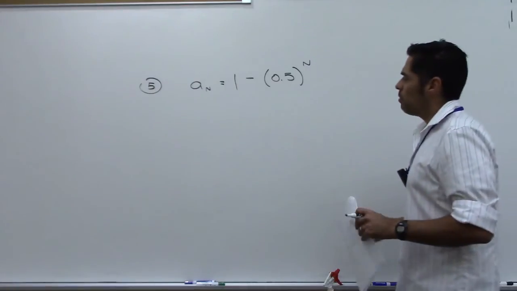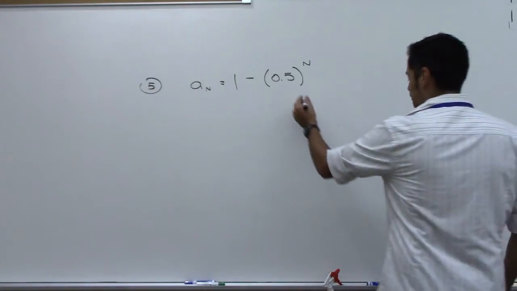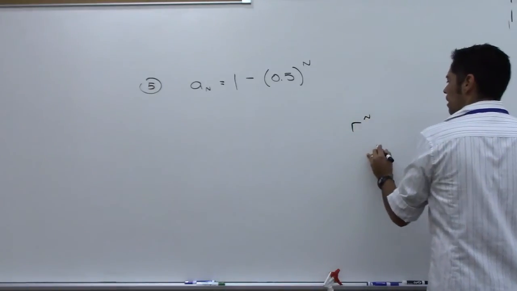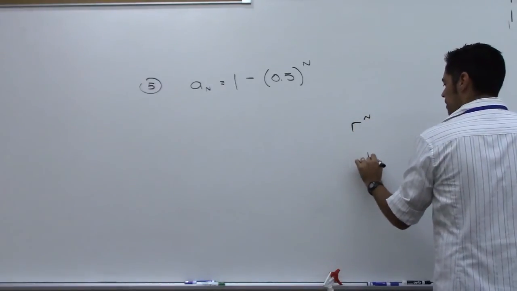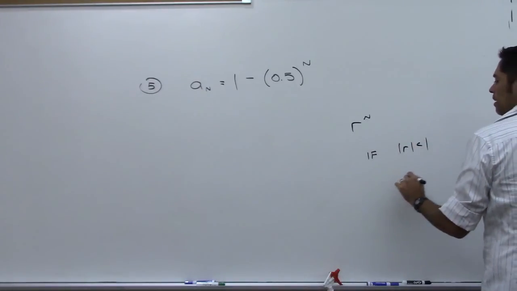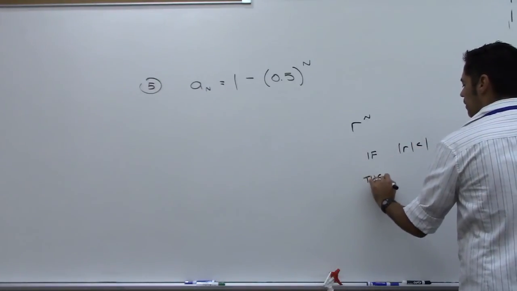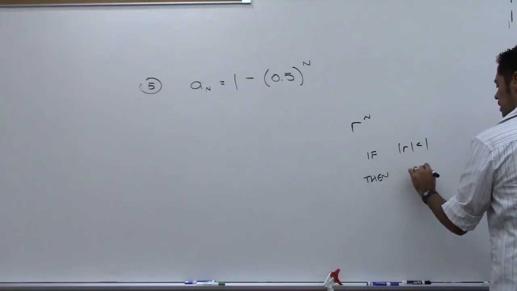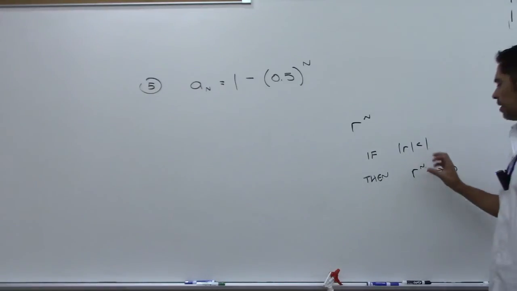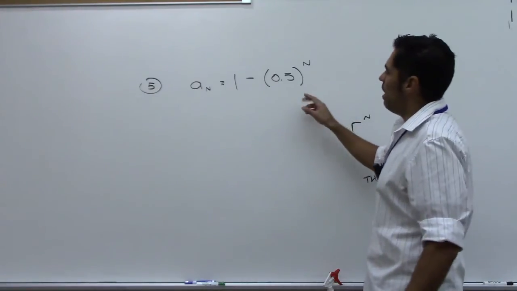All right, so on this one, all we're going to do is realize that this looks like r to the n. And we know that if the absolute value of r is less than 1, then r to the n goes to 0. In other words, if you let n get bigger and bigger, this number gets smaller and smaller. It's pretty obvious.